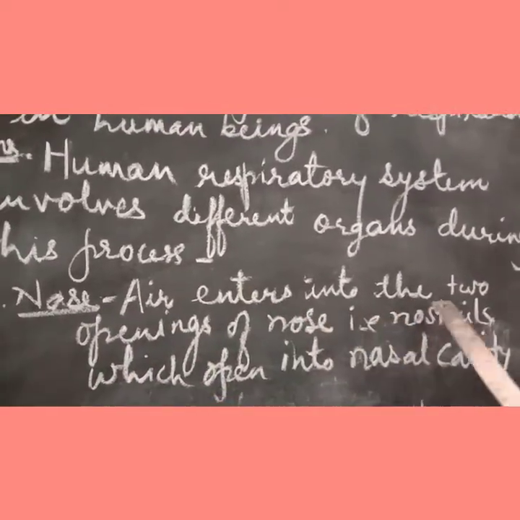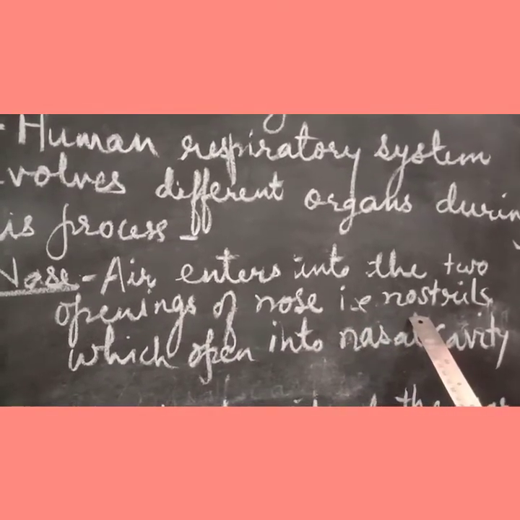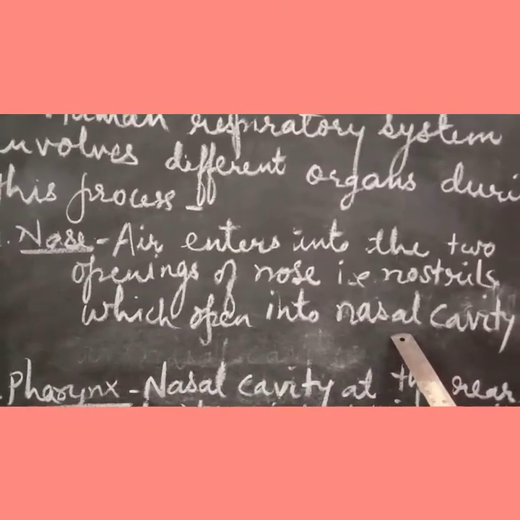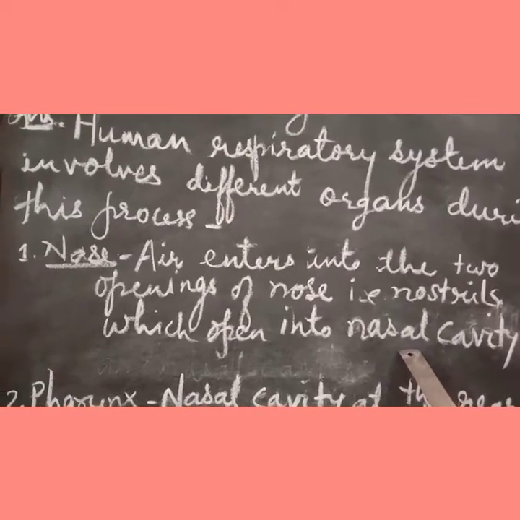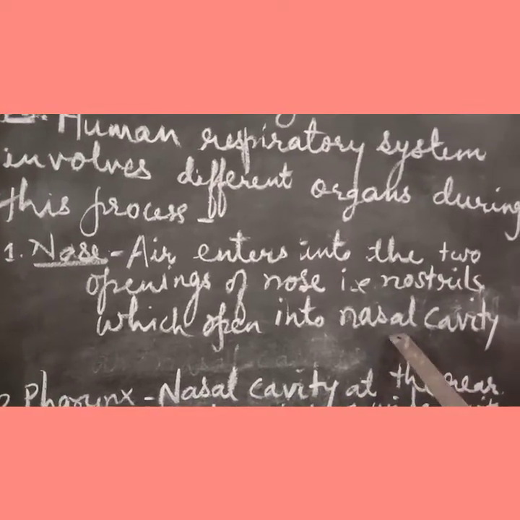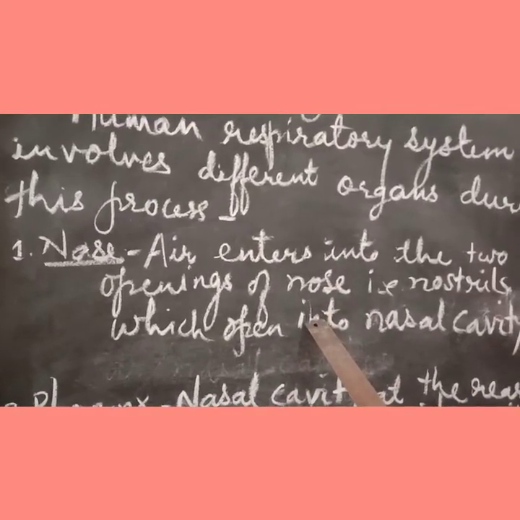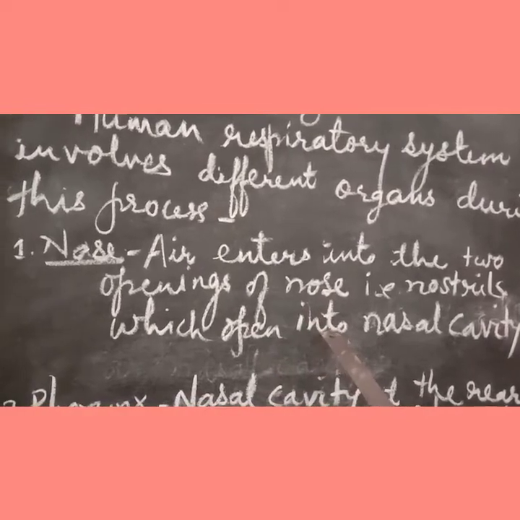Air enters into the two openings of the nose, that is nostrils, which open into the nasal cavity. Children, we all know that the nasal cavity or nasal chambers play a very important role here. It warms the air as the air passes over.